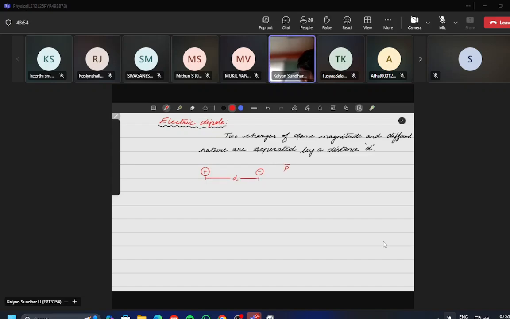Then your dipole p bar will be equal to the magnitude of charge into the distance between them. So p bar will be q into d. This will be your dipole moment and your SI unit will be coulomb meter.